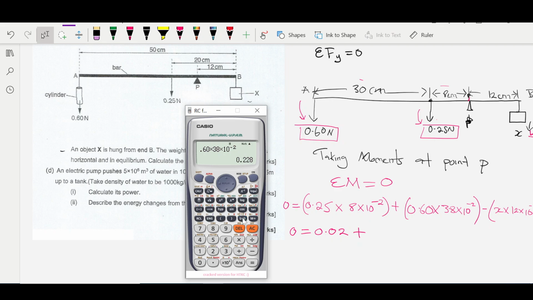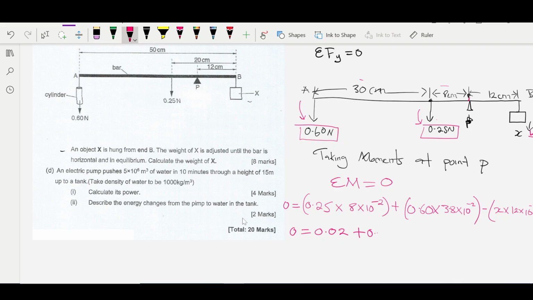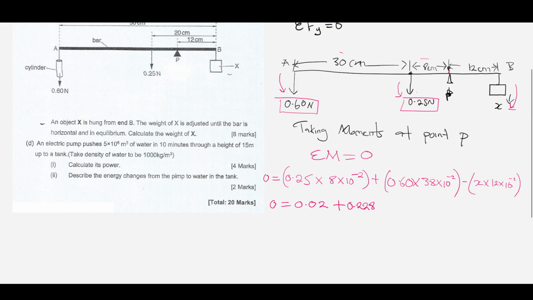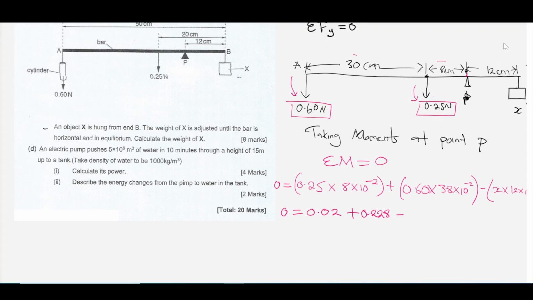Okay, so we have 0.228. So here we have 0.228. Okay, plus, minus, minus.